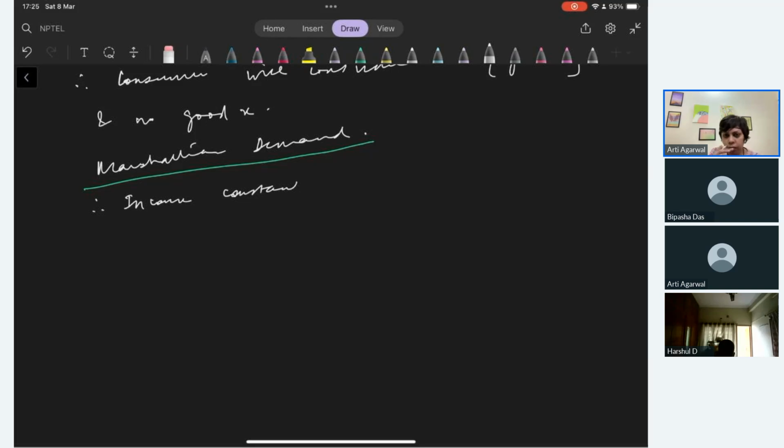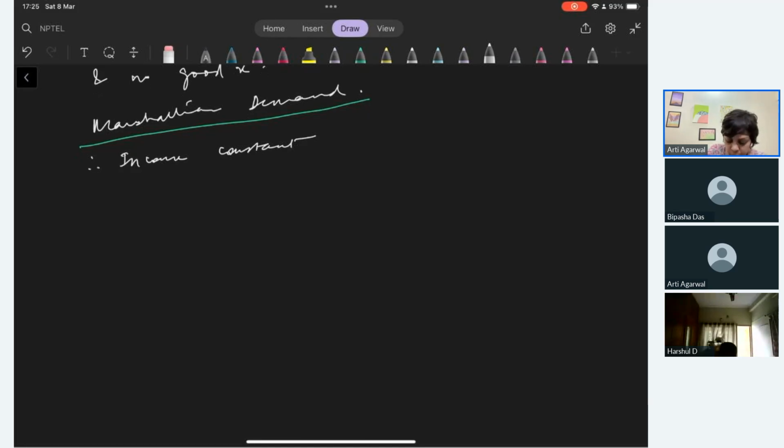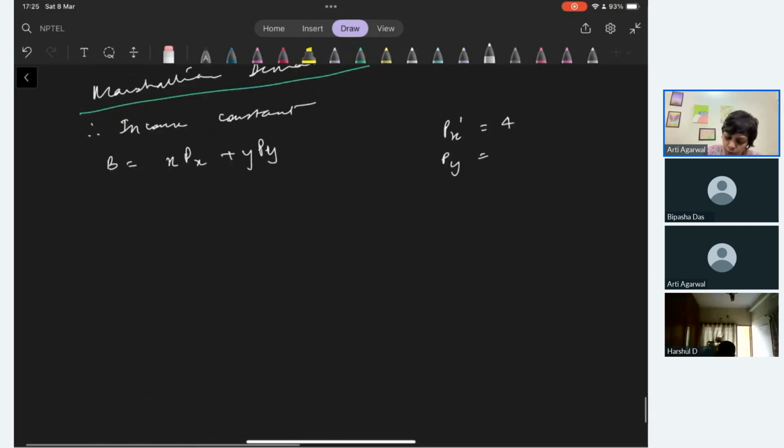Income is still 10. Income was given as 10. Let me write the budget equation again. Now you have Px prime equal to 4. Py was 3, I think. And budget was 10.